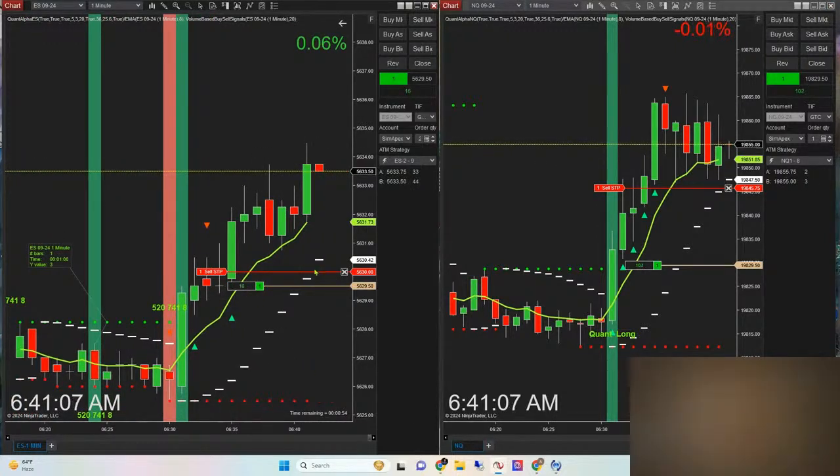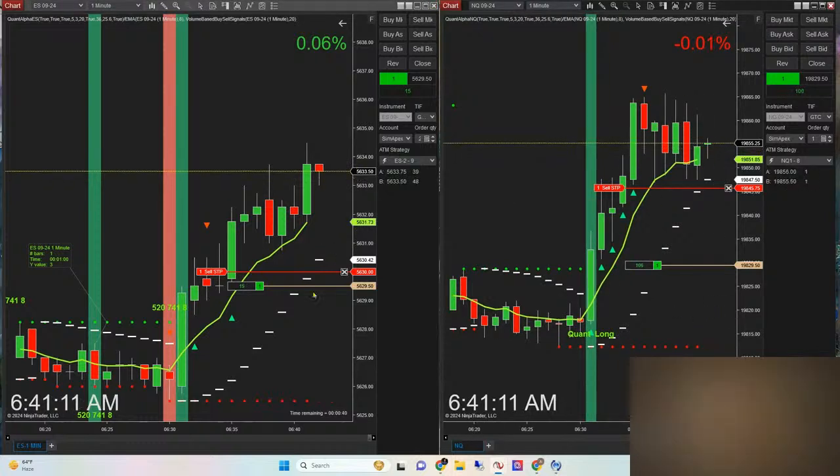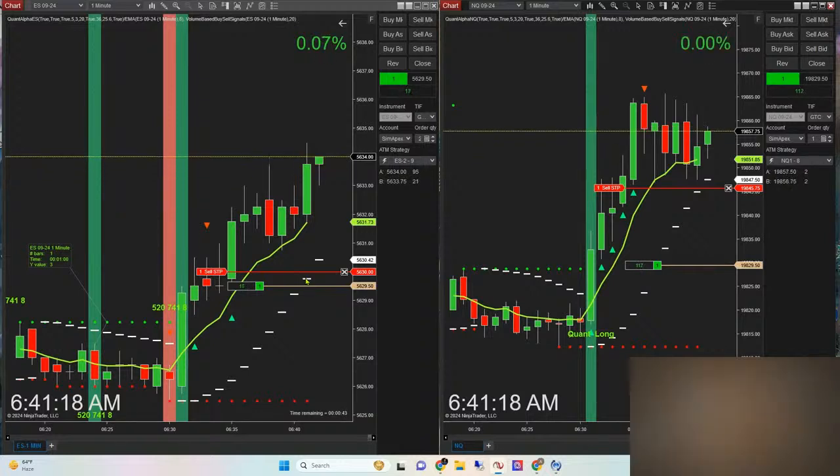So when the dots come in your favor, you're gonna start trailing at the second dot, ES and NQ, by the way. If the dot's coming, gonna start trailing ES and NQ with the dots. Second dot. Second dot now is coming in my favor, as we used to do before.